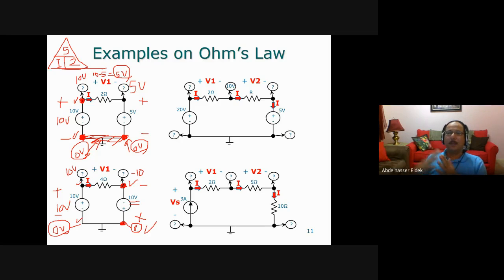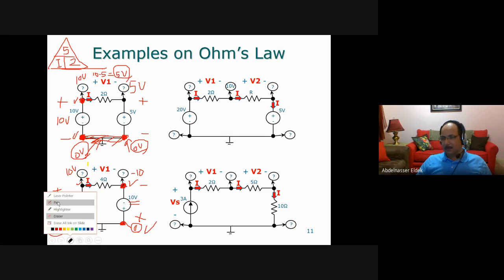Now we need to calculate V1. So this one is 10, and this one is negative 10.